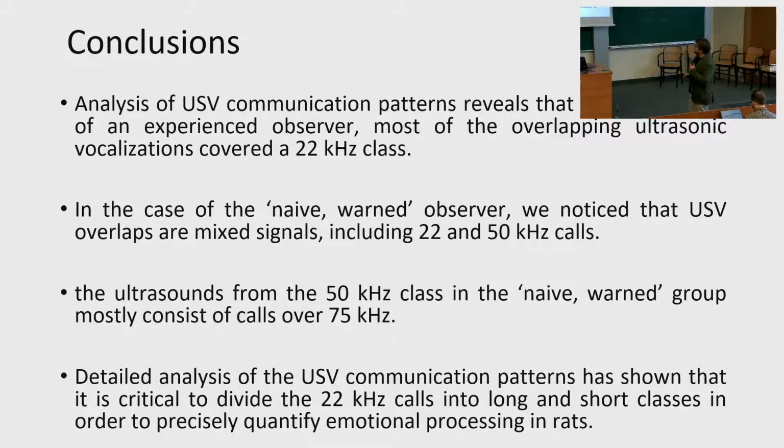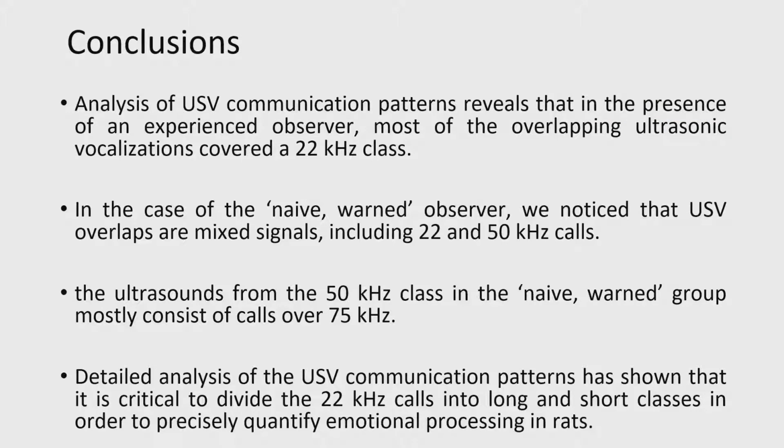All right, so here is the conclusion of this experiment. The analysis of the USV communication patterns reveals that in the presence of an experienced observer, most of the overlapping signals were covered by 22 kilohertz classes.